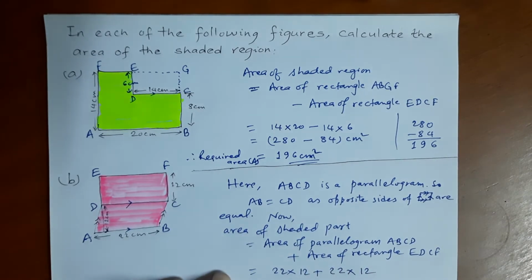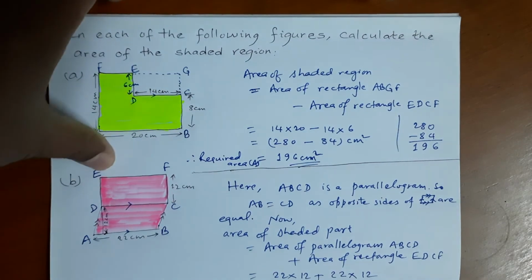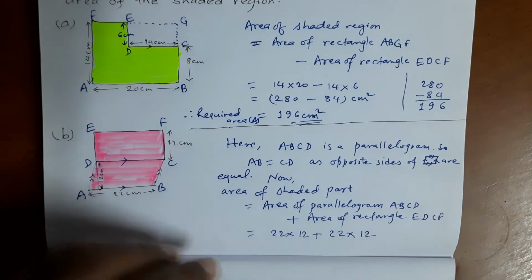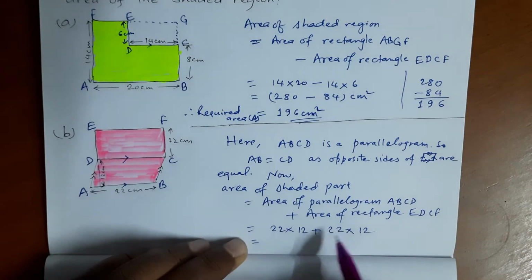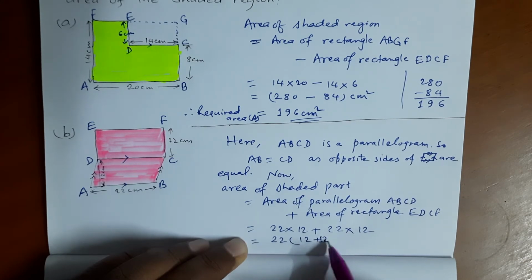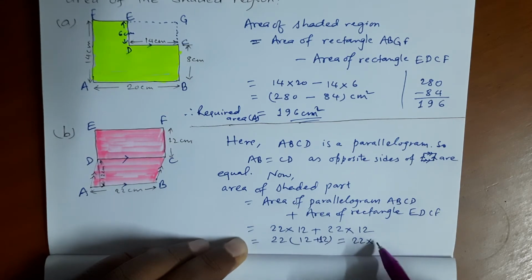Now from both of these you can take out 22 common, and you will have 22 times 12 plus 12, so it will be 22 times 24.